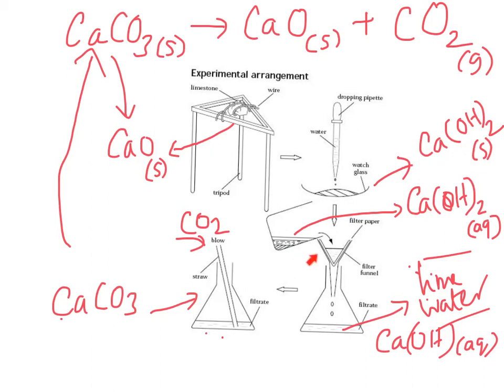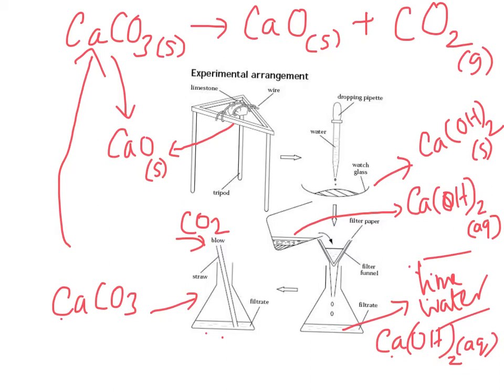You add more water, some of the calcium hydroxide dissolves in water, and it becomes calcium hydroxide aqueous now. You filter it, and the clear calcium hydroxide gathers here, where the solid calcium hydroxide is left behind on the filter paper. We call this clear calcium hydroxide lime water. I must add this 2 here. So this is lime water, what we have here.